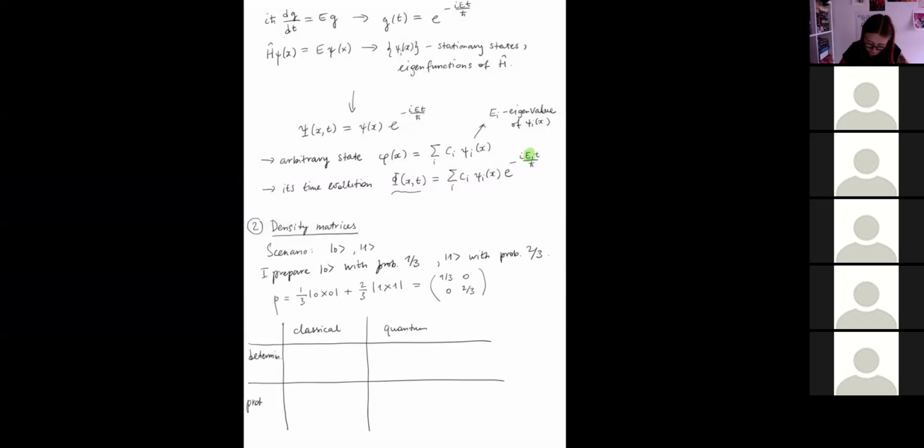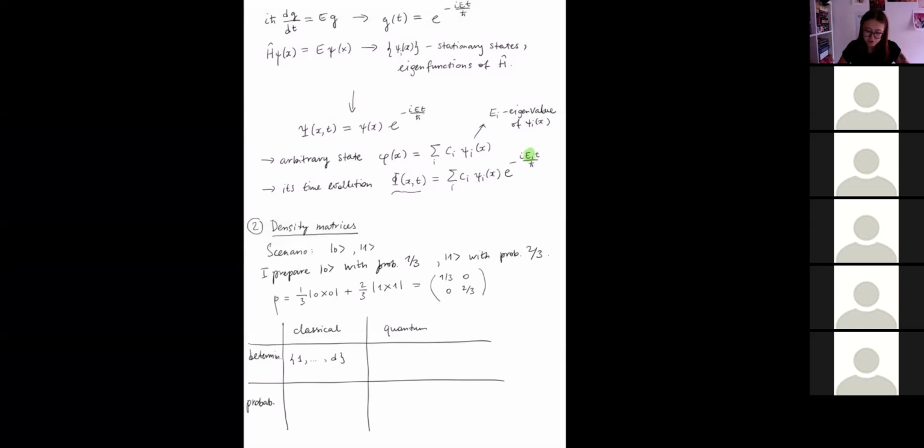and a probabilistic case. So what I mean with the deterministic case in classical settings is when I have a classical system which can be in one of the states chosen from this array from 1 to d. So it can either be in 1 or in 2 or in 3 and so on, but it can only be in one state with certainty.